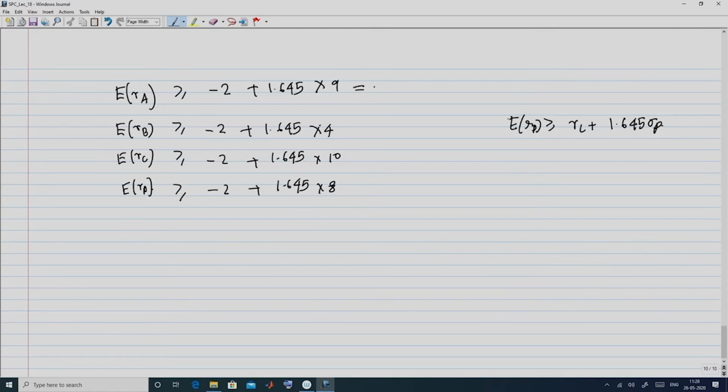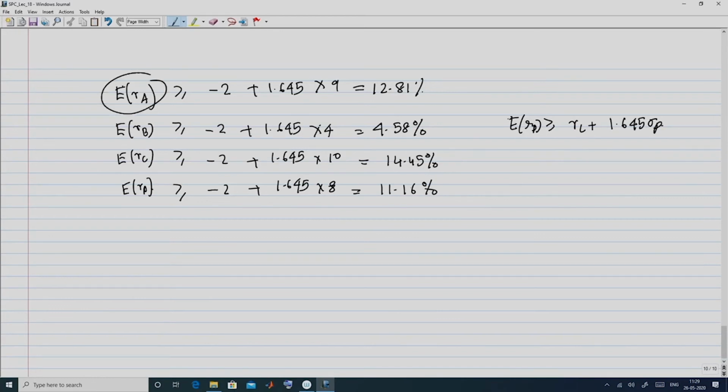So in the first case this turns out to be equal to 12.81%. In the second case 4.58%. In the third case 14.45%. And the last one is 11.16%.